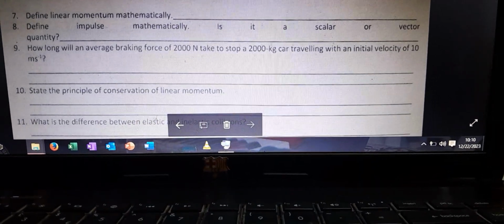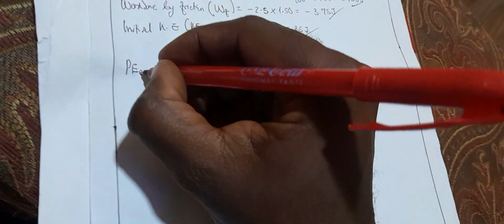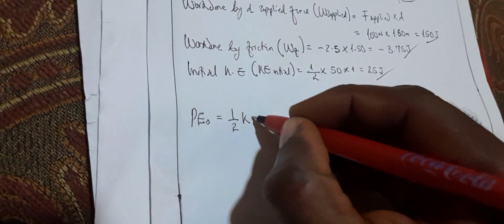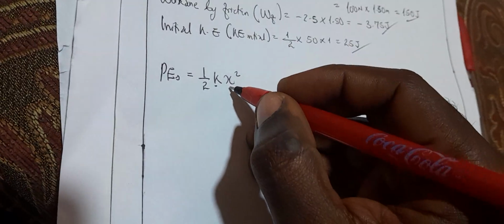The potential energy stored in the spring, I'm going to call it PES, equals 1 over 2 kx squared, where k is the spring constant and x is the compression of the spring. The initial kinetic energy of the mass is given by KE equals 1 over 2 m times the initial velocity square.